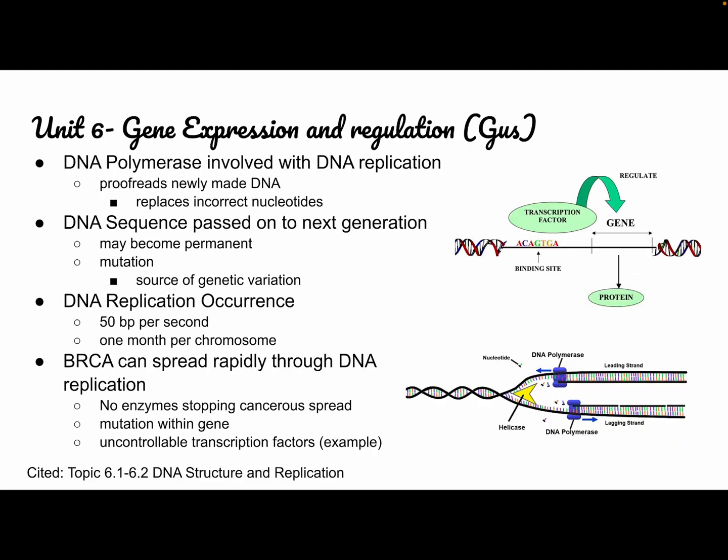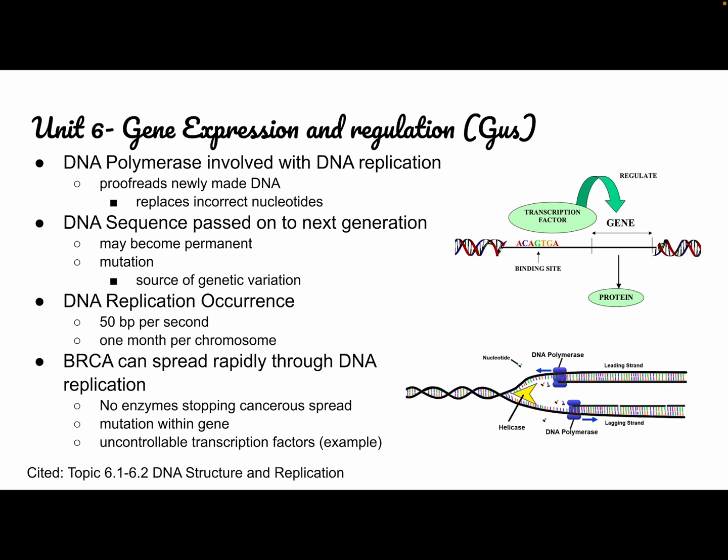Unit 6, Gene Expression and Regulation. DNA polymerase is involved with DNA replication. It proofreads the newly made DNA and replaces any incorrect nucleotides. A DNA sequence passed on to the next generation may become permanent and could be a mutation, which causes genetic variation for the better or worse.